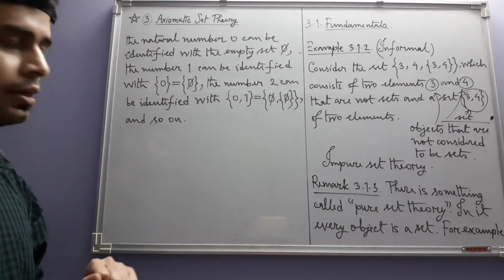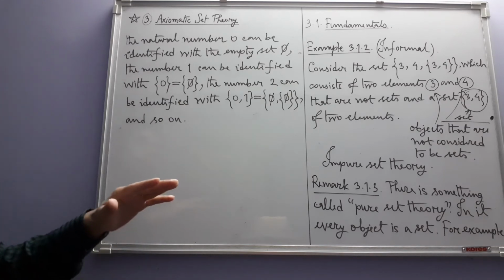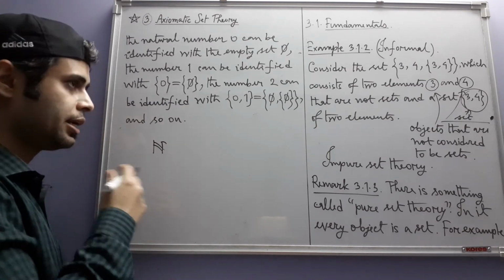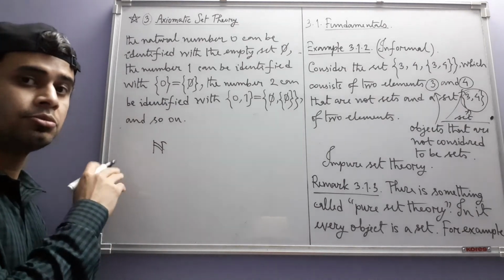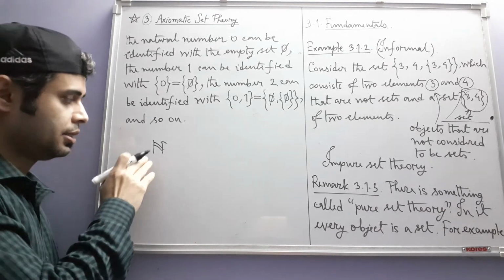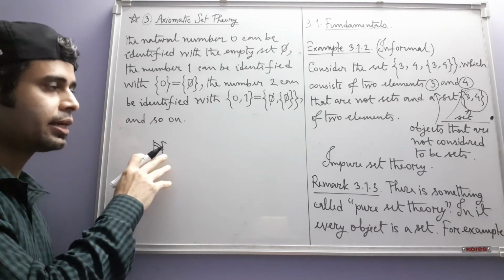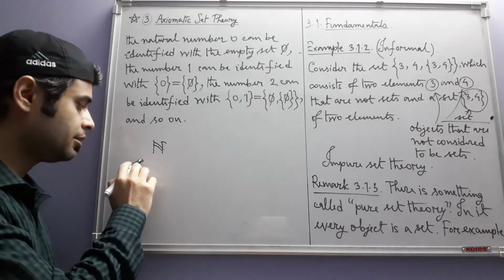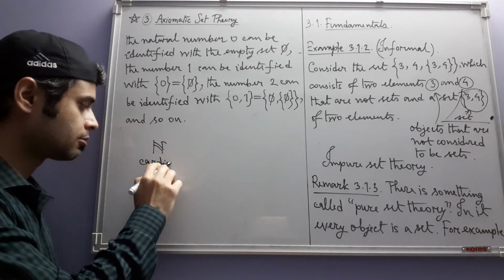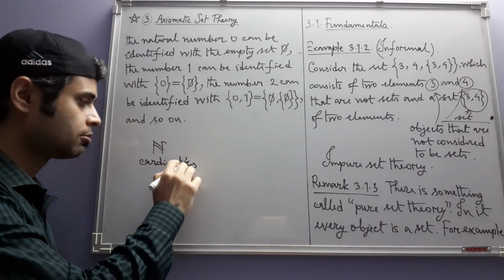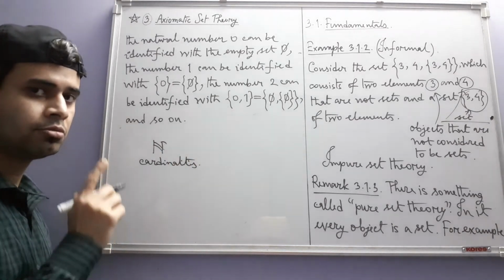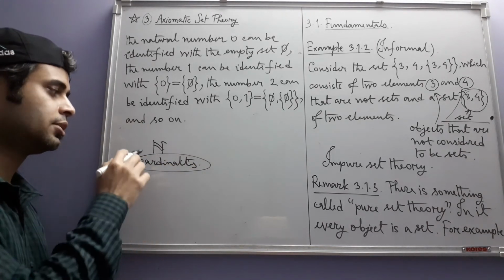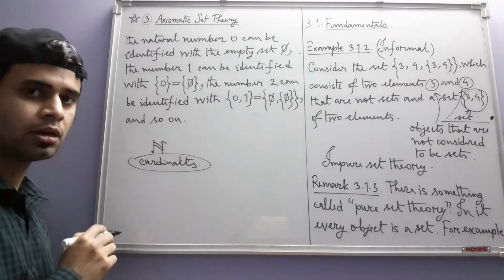What have I written here? You see, when we developed the system of natural numbers, we said that our development is using Peano axioms, but there we also mentioned that they can also be developed by some other means, specifically using cardinalities. If you remember, we said that there are other ways of developing the system of natural numbers.